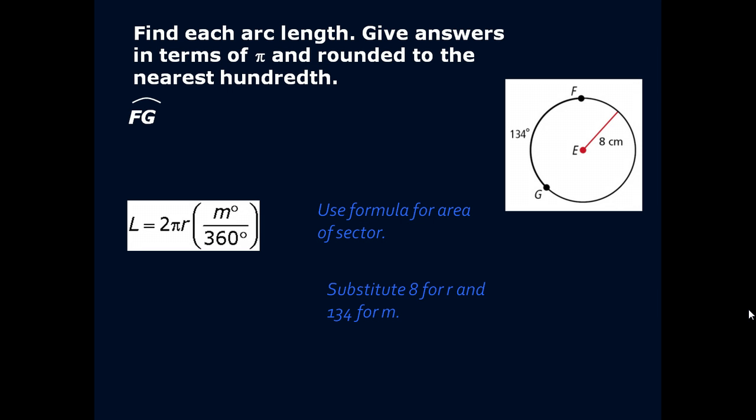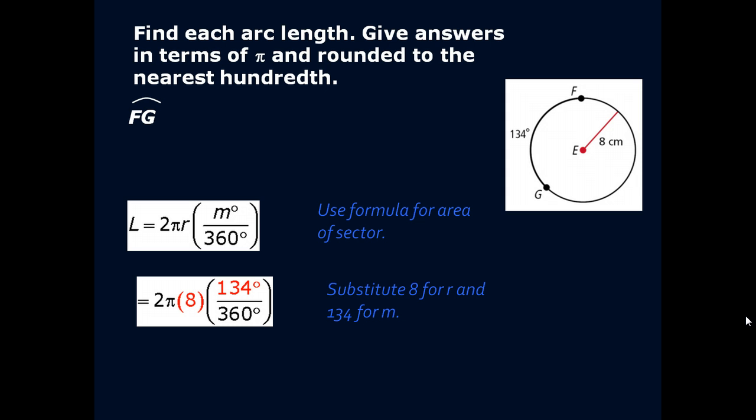Substitute 8 for r and 134 degrees for m. We have 2 pi times 8 times 134 degrees over 360 degrees. If we simplify, we get approximately 18.71 centimeters.